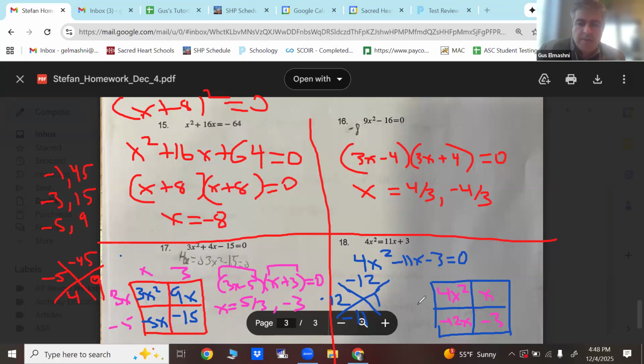So if you look at the first row, that's x. Look at this column, that's 4x. So what do you multiply by 4x? -3 and 1. So those are all the answers that make that work.